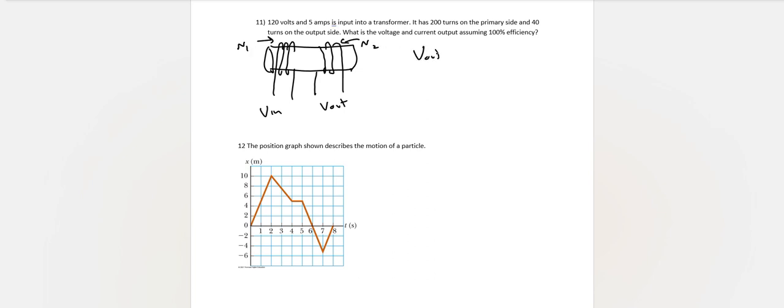Your output voltage is equal to N2 over N1 times the input voltage. So the 200 turns on the primary side is talking about this, the 40 turns on the output side is talking about this, and the 120 volts is the input. That's how you calculate the voltage out.